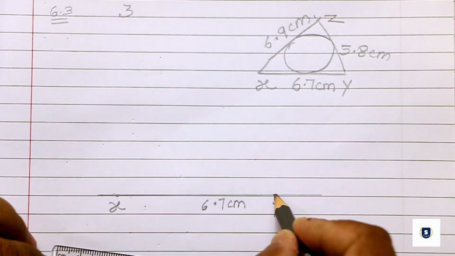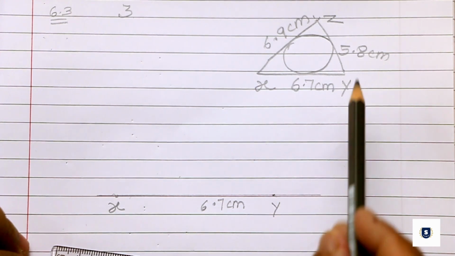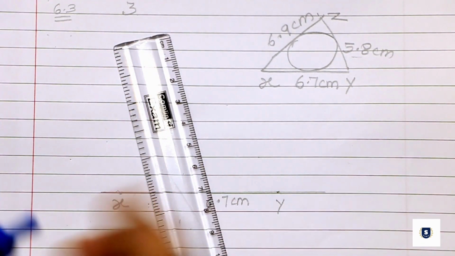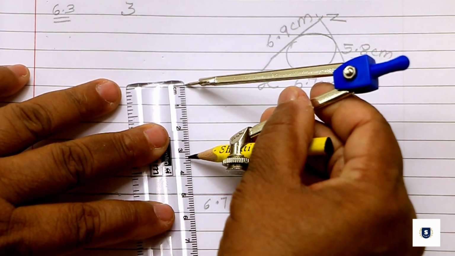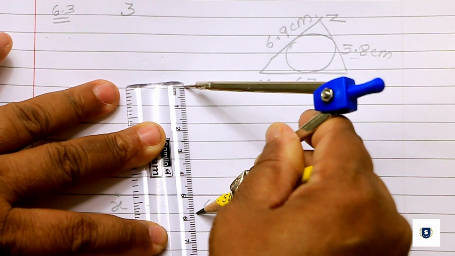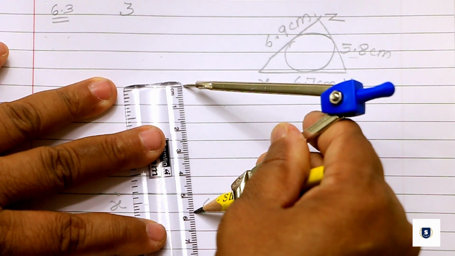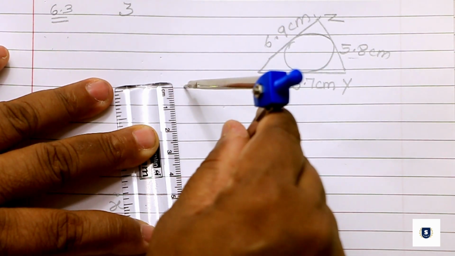This is your point 6.7. Now from here we will take 5.8. So take the scale and mark the point 5.8. This is 5.8.